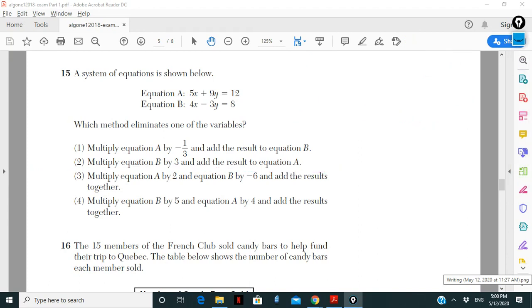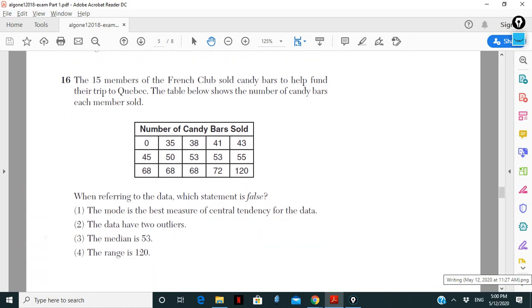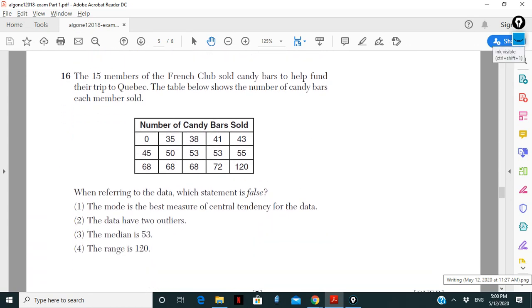Question number 16. The 15 members of the French club sold candy bars to help fund their trip to Quebec. The table shows the number of candy bars each of them sold.